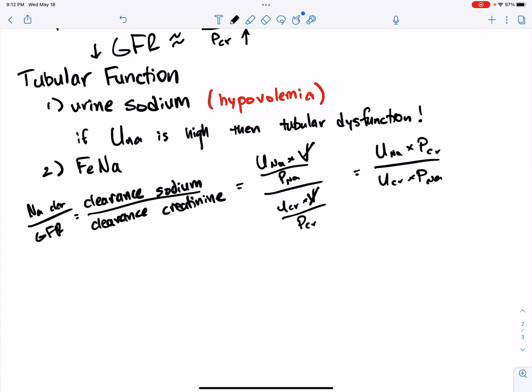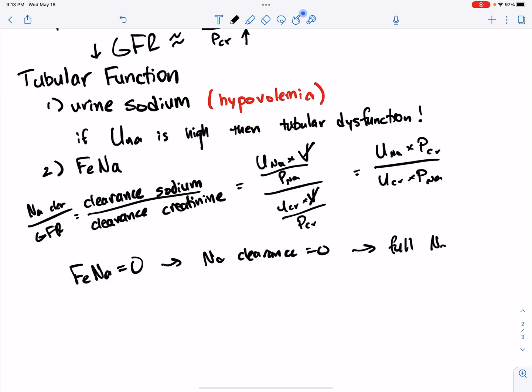And so now let's think about what this means. In the extremes, suppose our clearance of sodium is 0. We're not clearing any sodium. What does that mean? That means that all the sodium that's coming into the filtrate is being reabsorbed, right? So if FeNa is equal to 0, then our sodium clearance equals 0, and this indicates full sodium reabsorption.